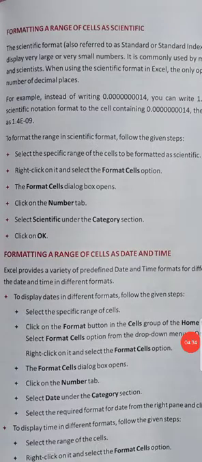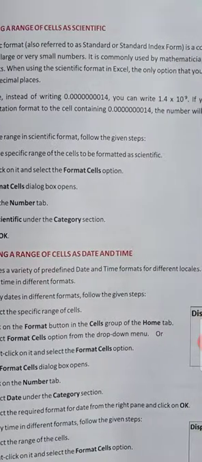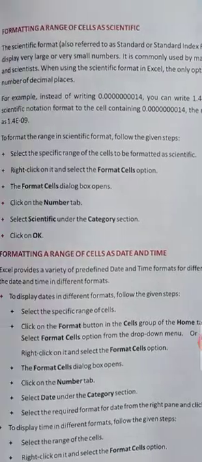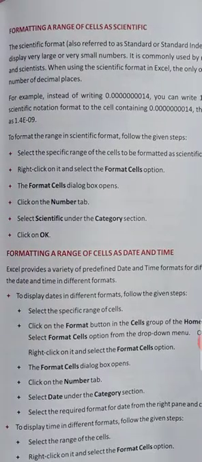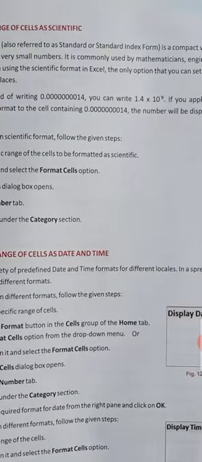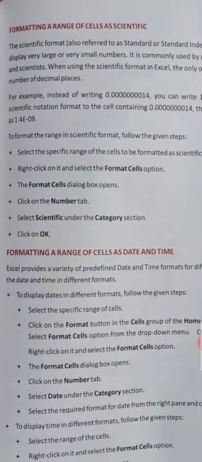Next, formatting a range of cells as scientific. Sometimes we have some numbers that we need to convert into scientific form. The scientific format, also referred to as the standard or standard index form, is a compact way to display very large or very small numbers. It is commonly used by mathematicians, engineers and scientists.